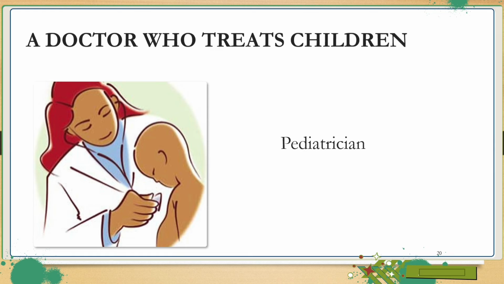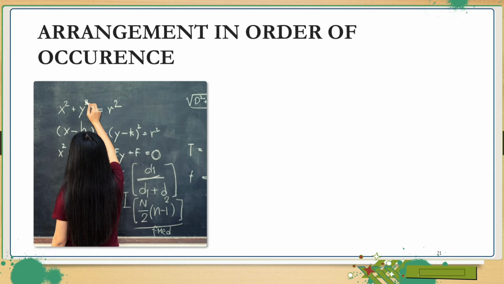So the next one is arrangement in order of occurrence. Whenever something is arranged with reference to the order of their time, their occurrence, then that arrangement is known as chronological.